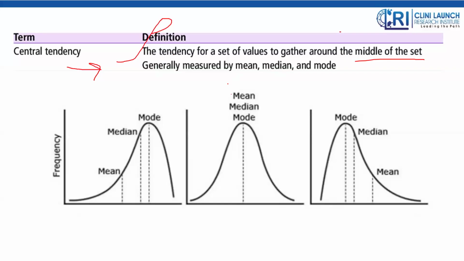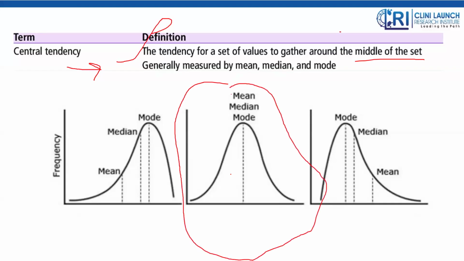So this is the ideal graph that we have to expect in any data. This is called the normal distribution curve. We will learn about the normal distribution curve in upcoming classes, guys. Normal distribution curve means that when you plot your data, the shape of your graph has to be like this bell-shaped curve.